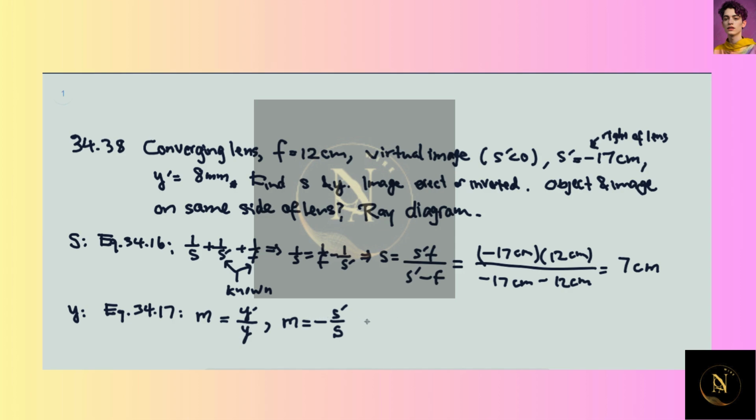So from here, I can find m. So remember, s prime is negative 17 centimeters, and s we just found is 7 centimeters. And that gives me 3.25.